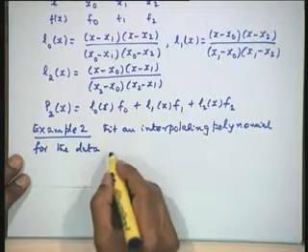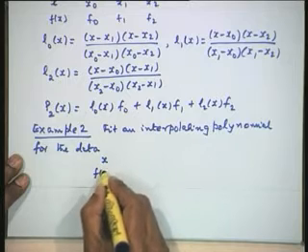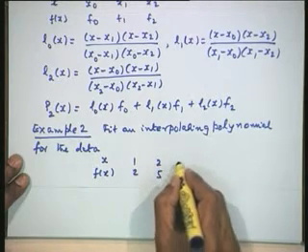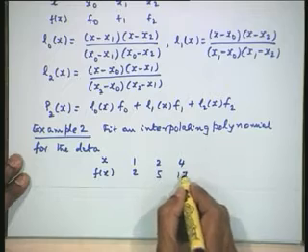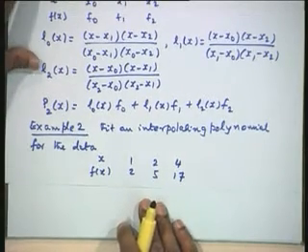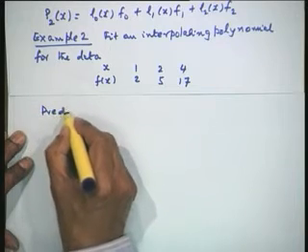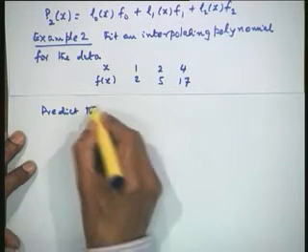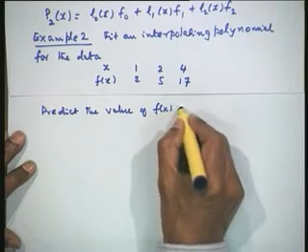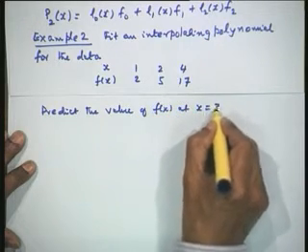So, let us give this data as x, f x. I will take it as 1, 2; 2, 5; 4, 17. Then we will say predict the value of f x at x is equal to 3.